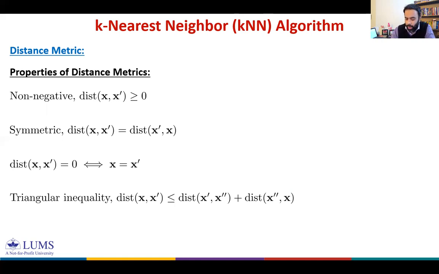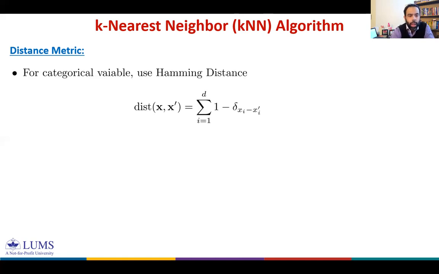Right? Let's talk about how we compare categorical variables in KNN, or how we find the distance between two categorical variables. For categorical variables, we use what we call Hamming distance. This Hamming distance is defined in this mathematical form.